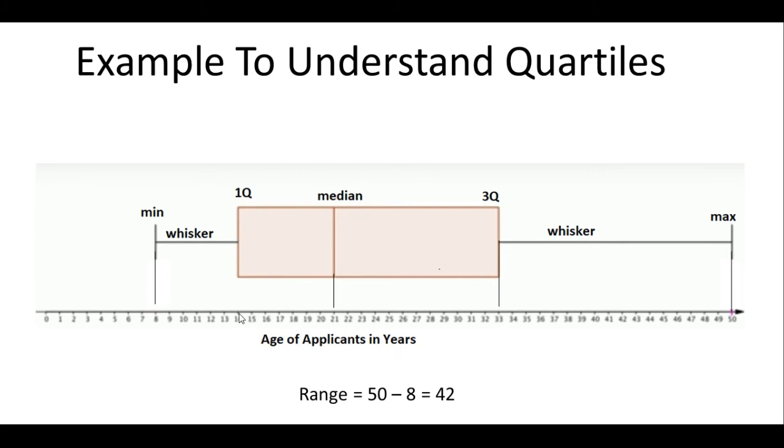That means out of those people who are between the minimum age and the average age, the median of those people is 14.